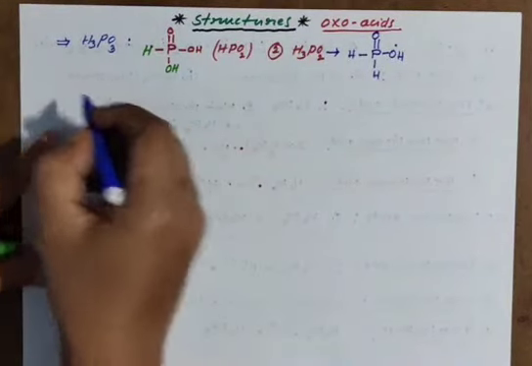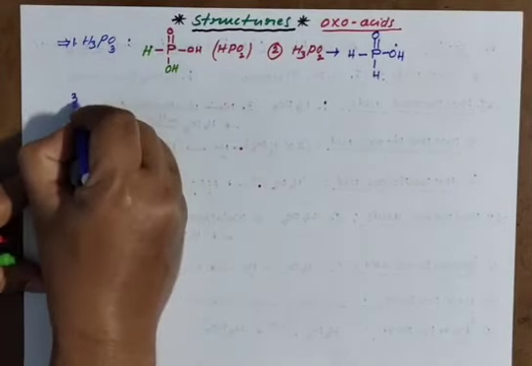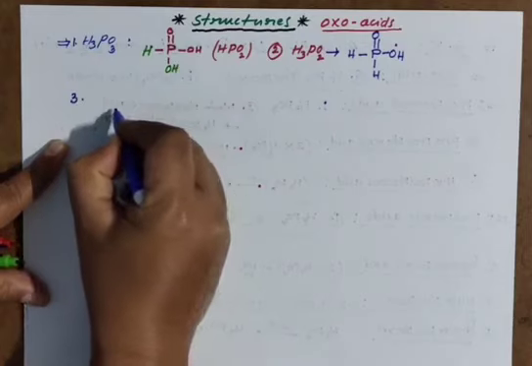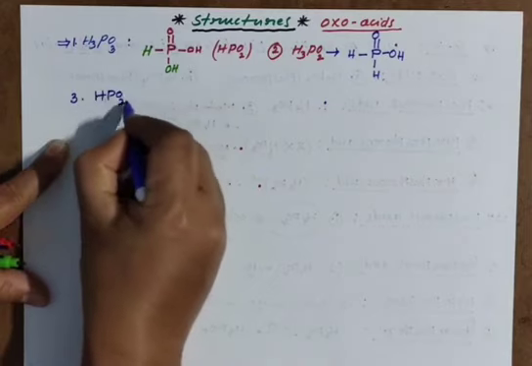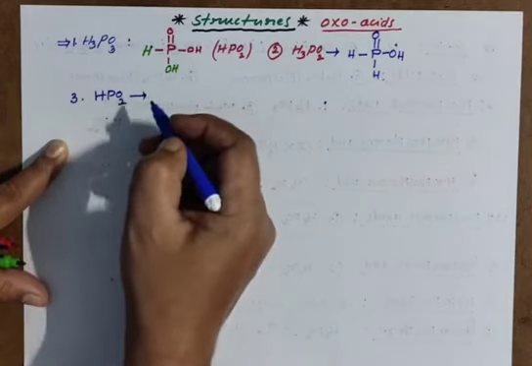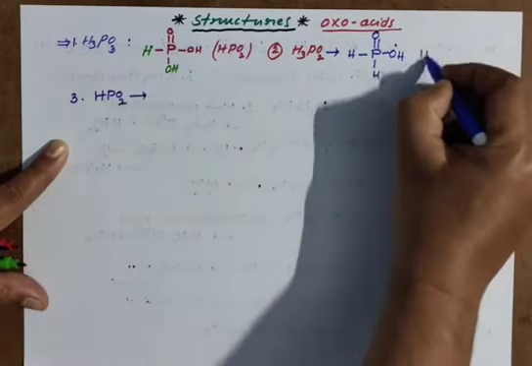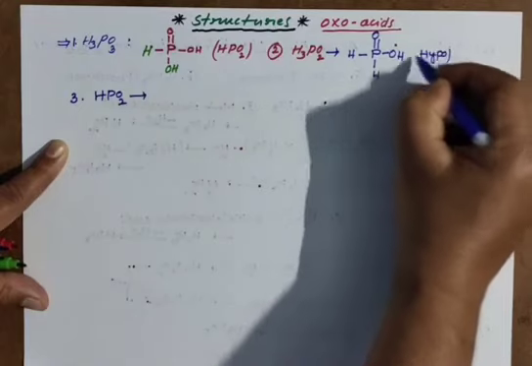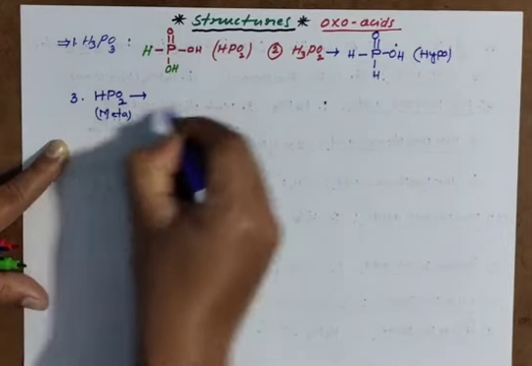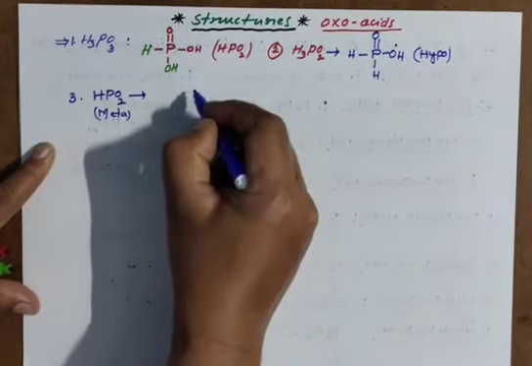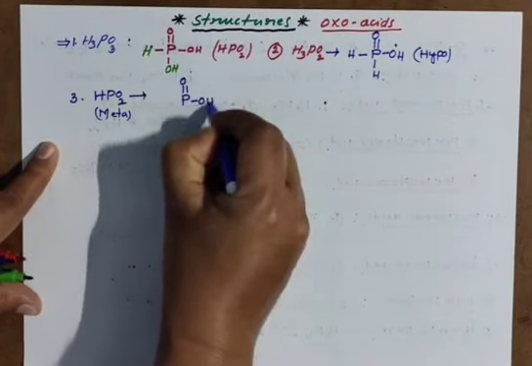Go for another. The third structure is HPO2. HPO2 is meta; H3PO2 is hypo. What did I tell you? The basic unit is P double bond O, OH.